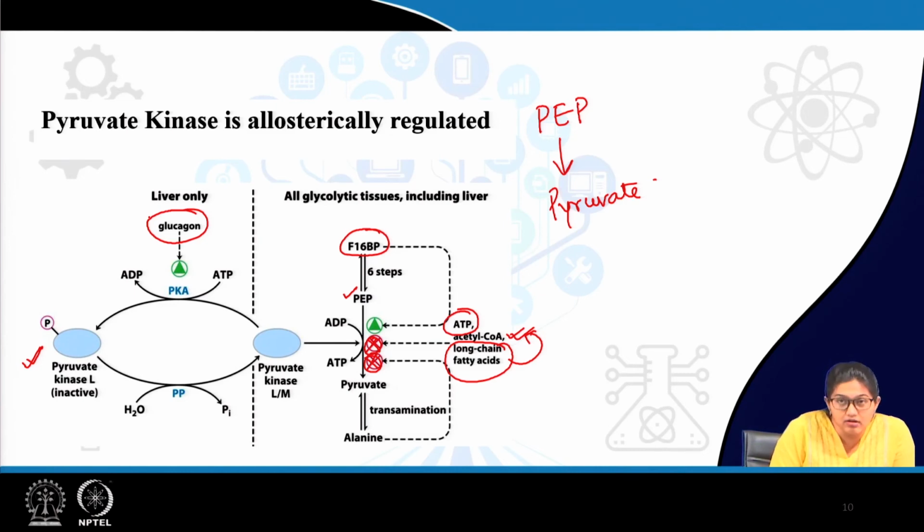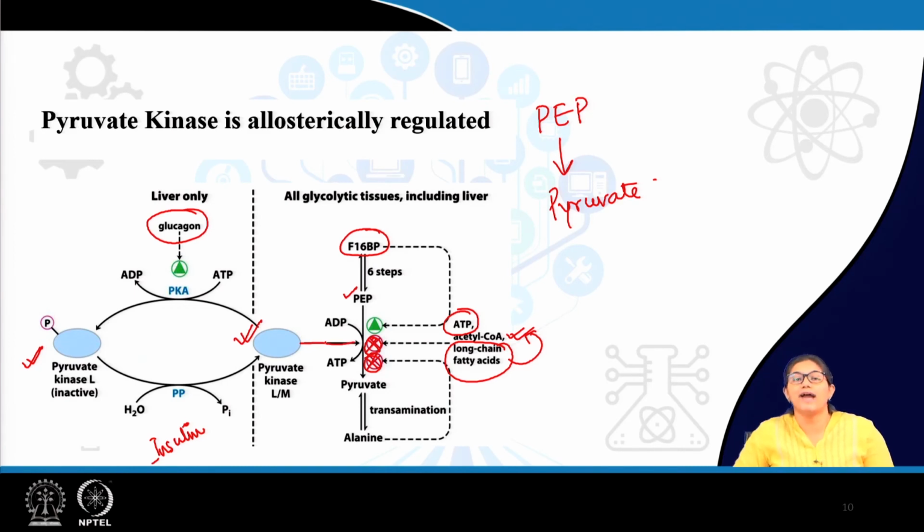This kinase phosphorylates the pyruvate kinase. Similarly, with the help of the hormone insulin, there is activation of phosphoprotein phosphatase, and there is dephosphorylation. On dephosphorylation, pyruvate kinase is activated, rendering its function for formation of pyruvate from phosphoenolpyruvate. So, this is how pyruvate kinase is regulated.